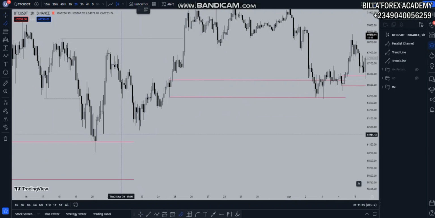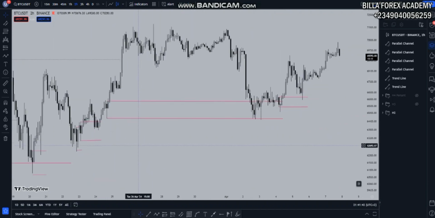We have a demand zone over here or another block over here which has already been mitigated, so we can't pick that one. We have another block over here which has been mitigated, so we can't pick it. We have another one over here. All these blocks I'm pointing out now have already been mitigated. That's why I didn't use any of this as my entry.